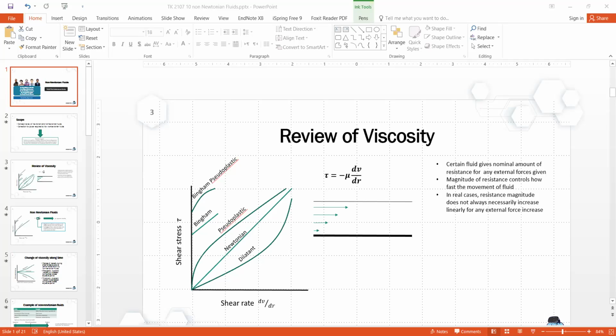Sorry, I'm not sure why my Wacom is not working well these days. The unit is 1/second. So what is the unit of the tau, the shear stress?